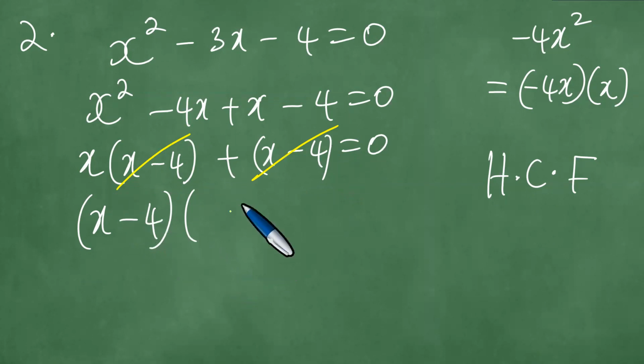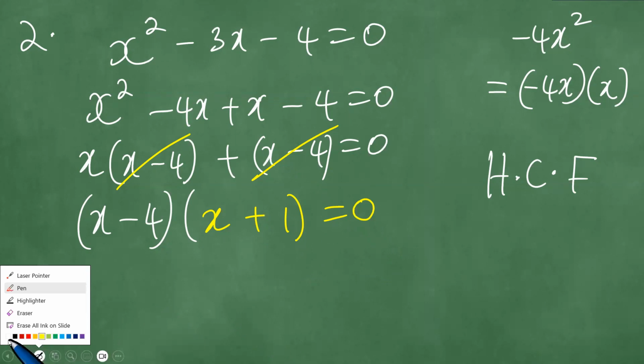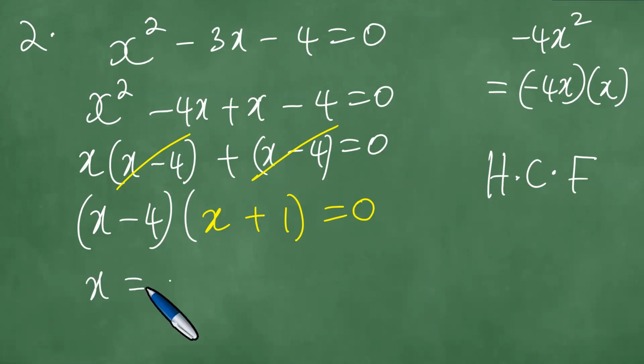The x minus 4 is pulled out, you're left with x in the place of this, and you're left with only 1. So this is one trick to factorize this. At this point it's straightforward, because you can see that x is 4, or x is minus 1. This is the answer.